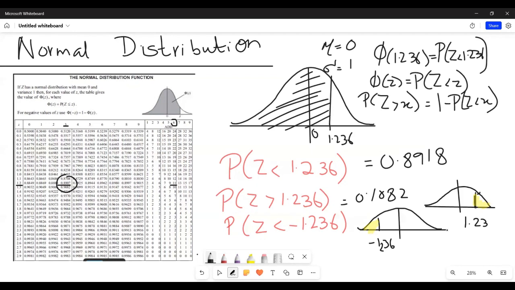So this will also be the same as what we got in part B. So this will also be 0.1082.